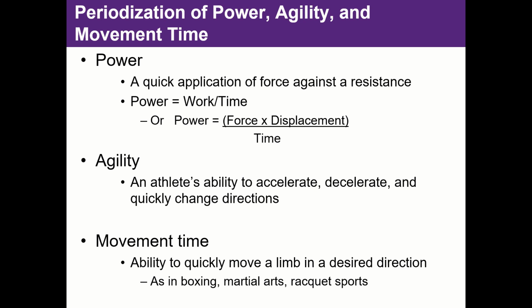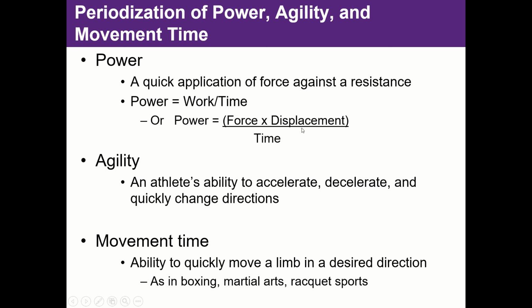All right, so other things. You're probably familiar with this from biomechanics, but the easiest way to think about power is that power is moving fast. So the actual equation is power is work over time, and work is force times displacement.